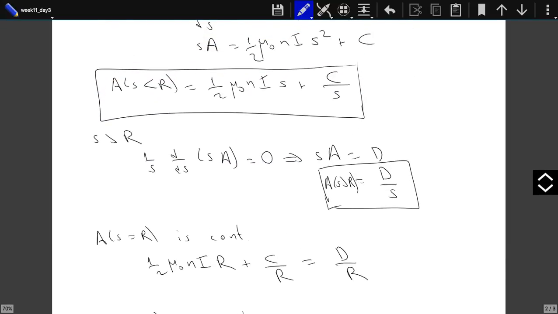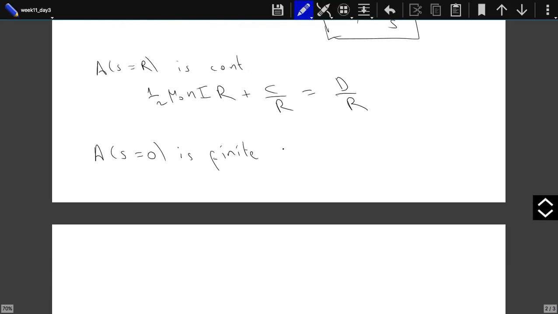Well, that tells me that C is equal to 0. The previous result tells me that D should be equal to 1 over 2 mu 0 n I times R squared.